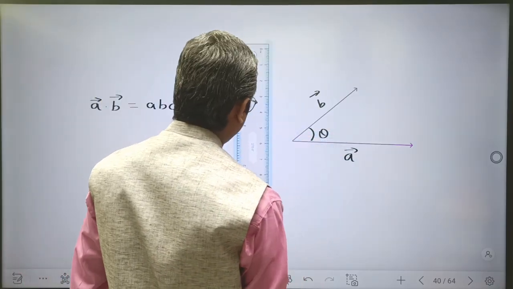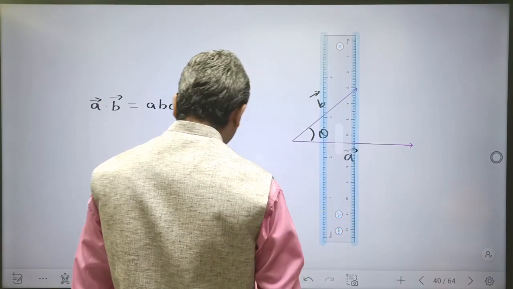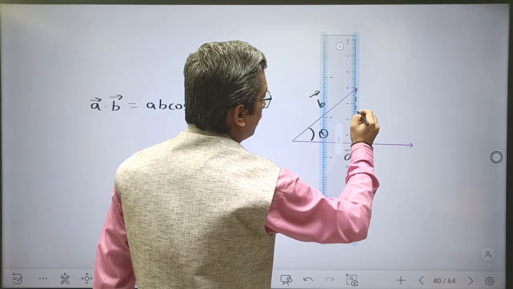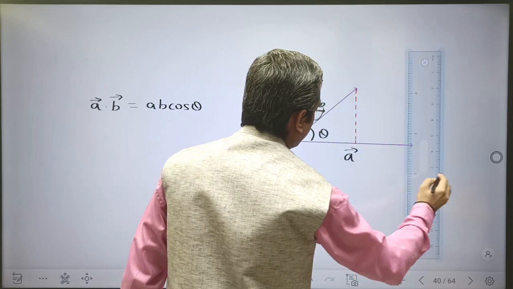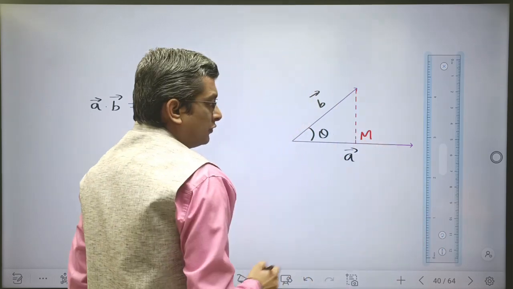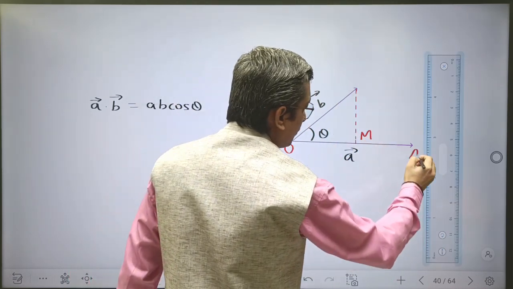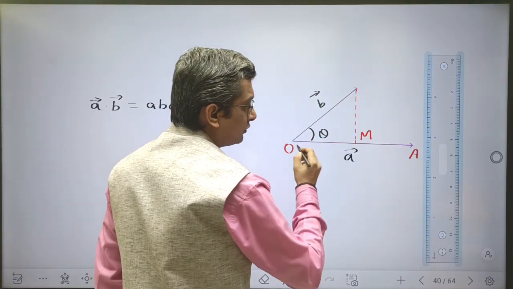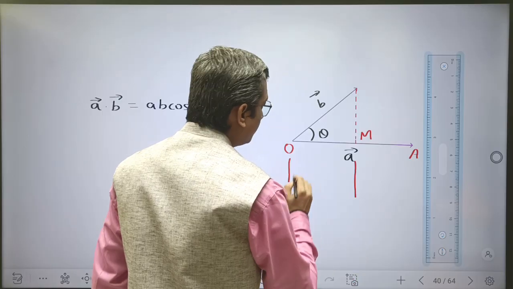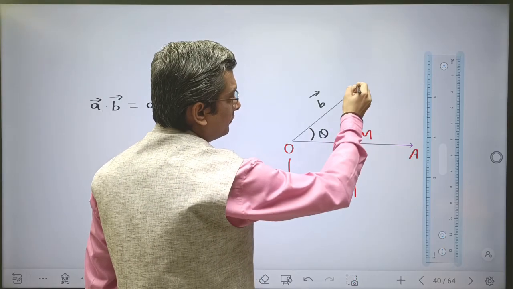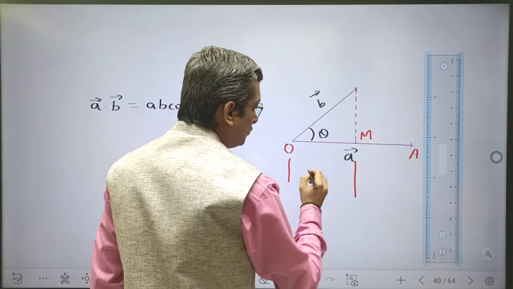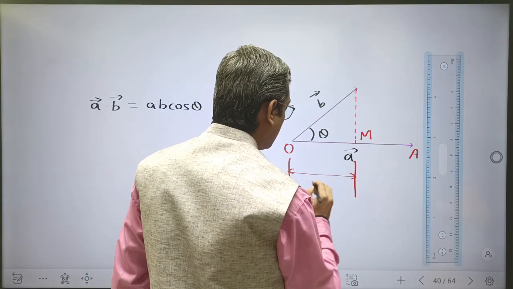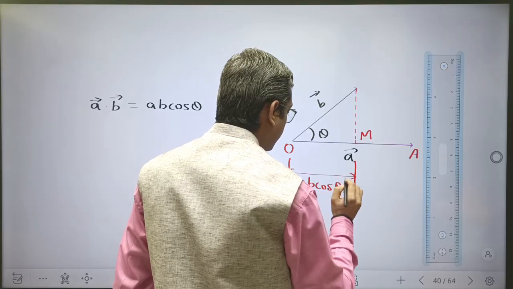If I drop a perpendicular from the head of B to this line OA, meeting at point N, the A vector is from O to this point A. Since I am dropping the perpendicular from the head of vector B, this value is nothing but the component of vector B along the side OA, and this is given by B cos theta.